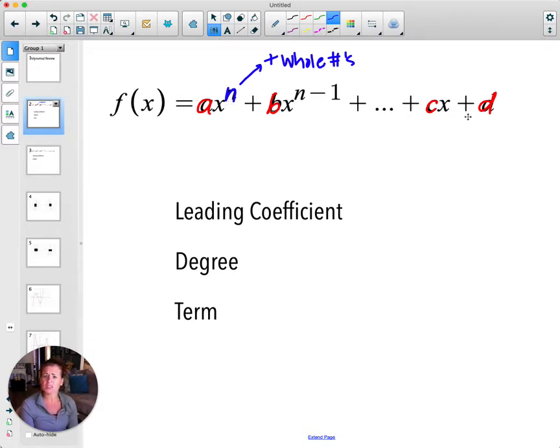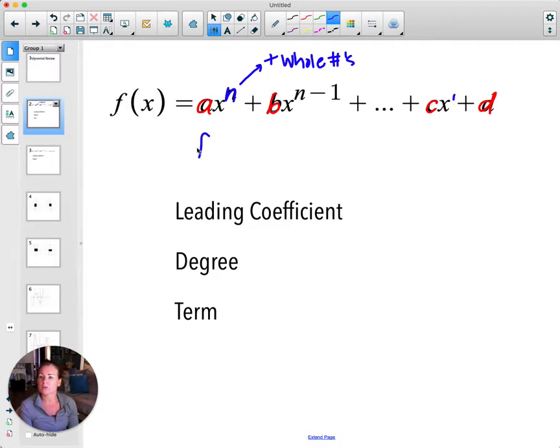And then this is just standard form, meaning that your highest exponent is going to be first. So if this one was 8, then this would be 8 minus 1 or 7, and then 6, 5, 4, 3, 2 until you get down to 1 and then none. Now not every one has to be represented, so you don't have to have 8, 7, 6, 5, 4, 3, 2, 1. You could skip some.